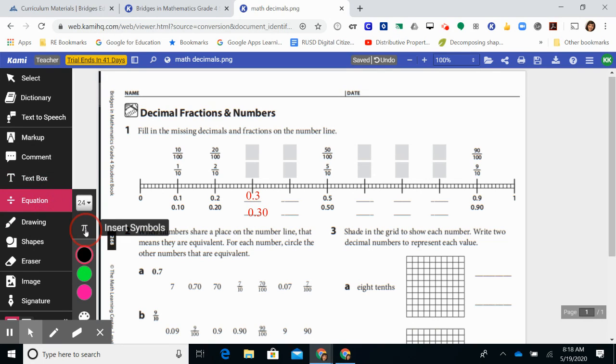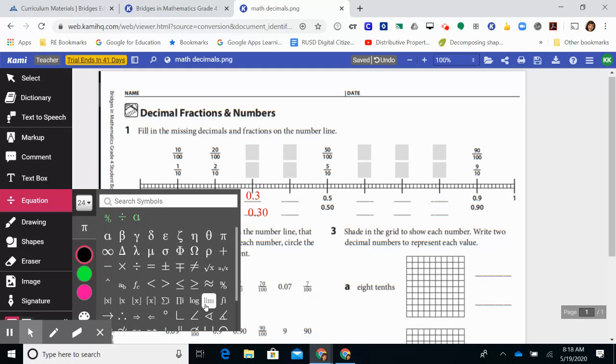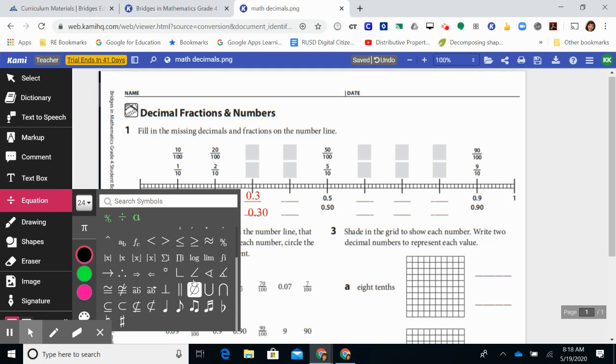So if you're doing a fraction on Cami, you can use this AB there, and it should take you there. So I can do 3 over 10, and then I could also do 30 over 100. Okay, that would be my equivalent fraction.